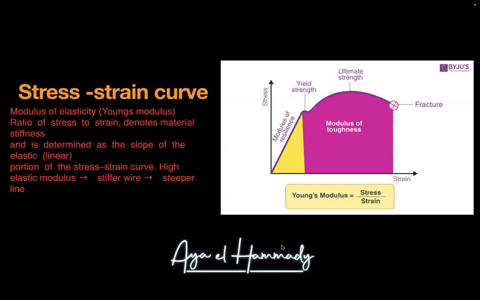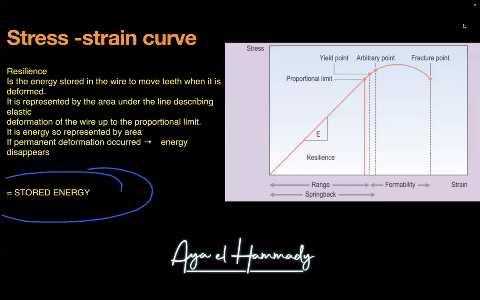So, after the proportional limit, whatever energy is given will be converted into stored energy, right? After the proportional limit, it's equal to the elastic limit. Beyond that is going to be the yield point. What is the yield point here? This is the amount the wire is going to do the same job with a little bit of deformity, by 0.1.